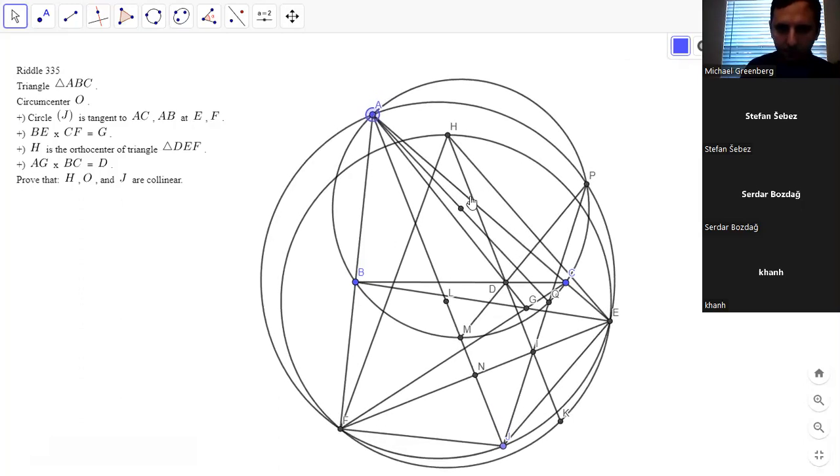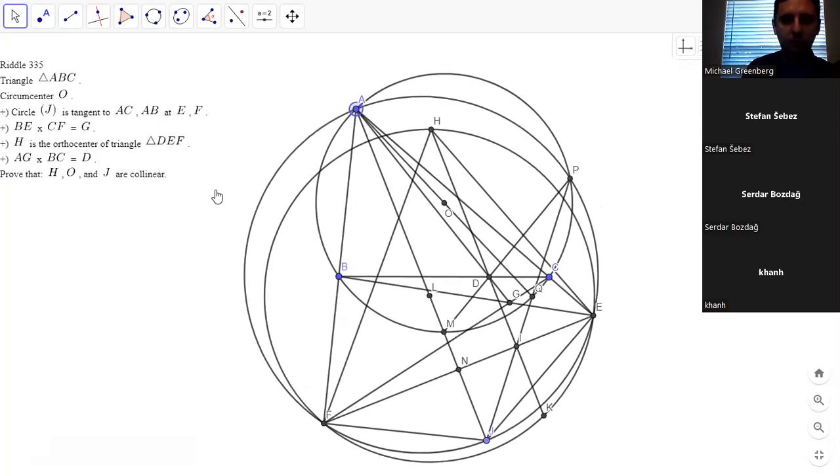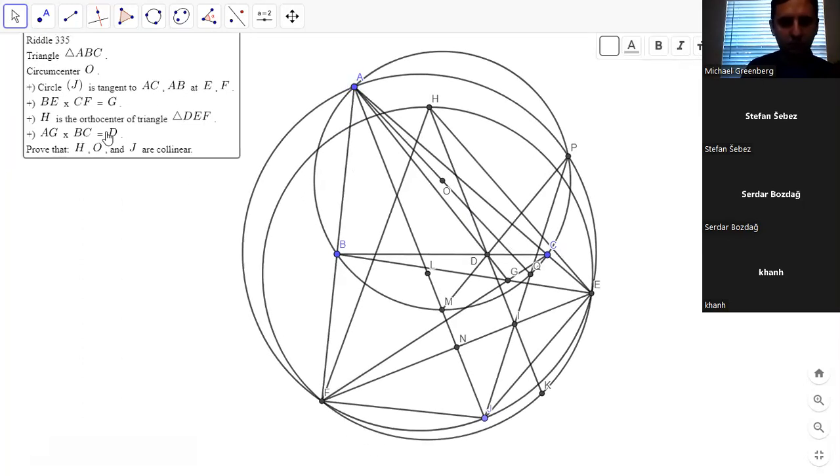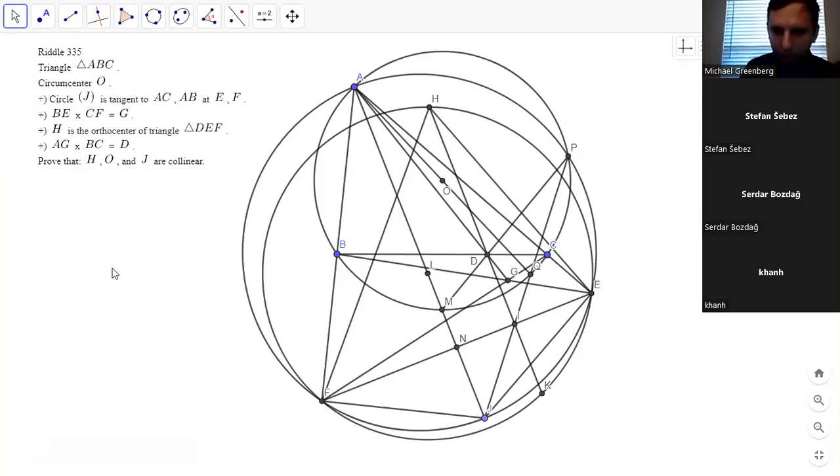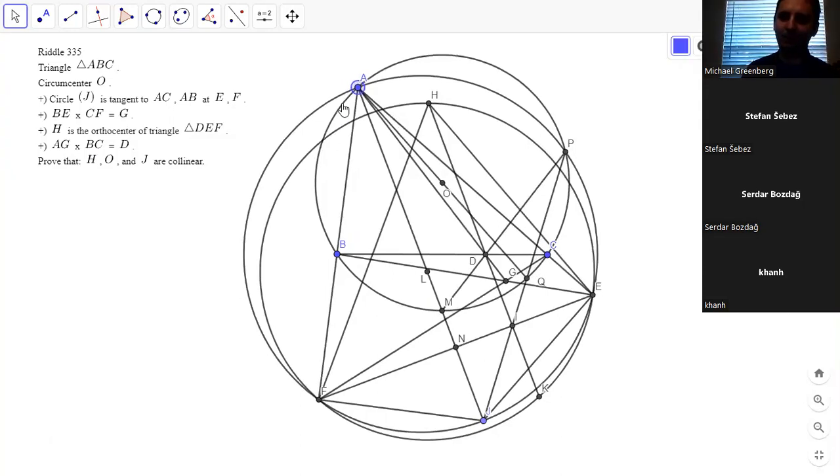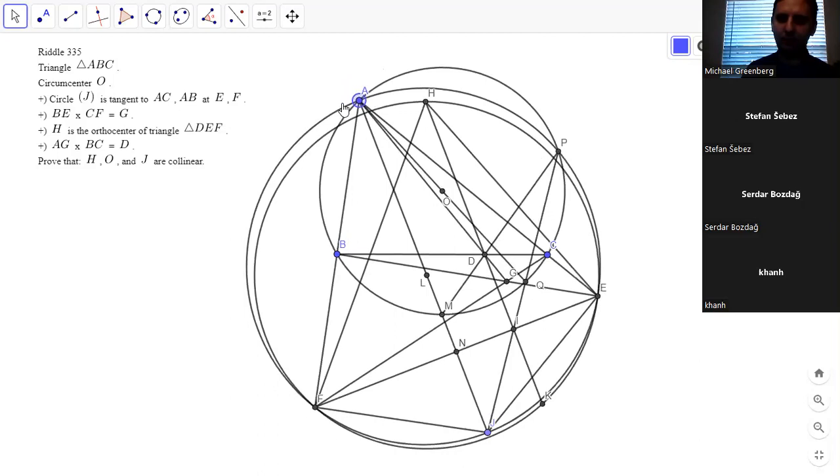Can you check? No, okay, it's not true. Oh yeah, at first I thought this passed through L. I was like, what? That doesn't make sense. But it doesn't. That's just the way the diagram was drawn, made it look like it.